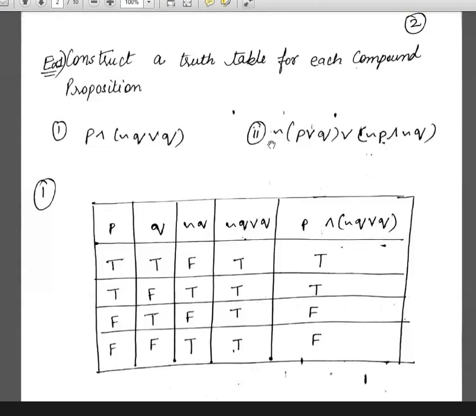Try to solve the second part and I will ask. I am giving you 2-3 minutes.